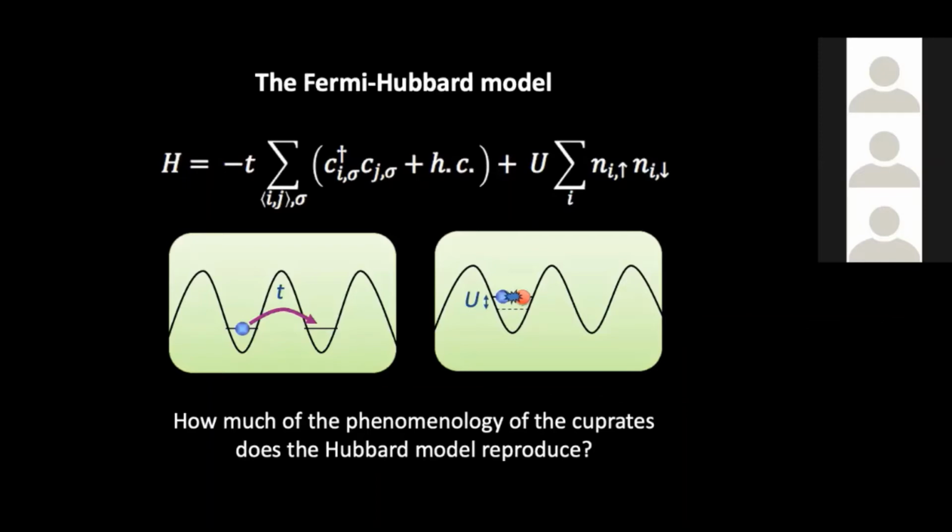Of course, the real cuprates are much more complicated, but maybe we can capture their essential physics with this model. It's been studied for decades theoretically, but we still don't know, for example, what the ground state of this Hamiltonian is. And even in the normal state where it's not superconducting, at higher temperature, there are still a lot of mysteries. That's what we would like to understand with our quantum simulators.